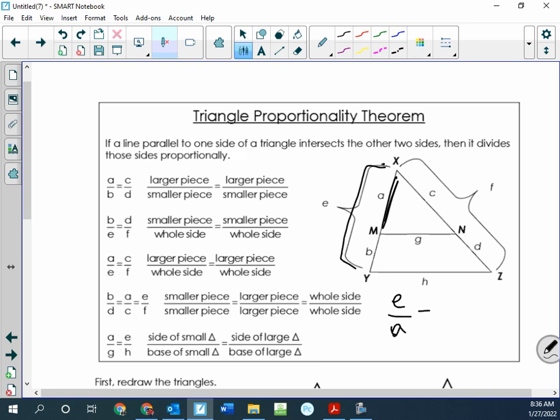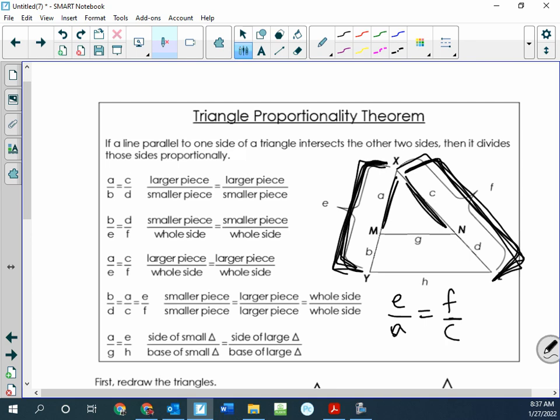What matches up with E? F. So F, see how E is this whole side right here? F is on the other side. And then it would be F over what? C, yeah.